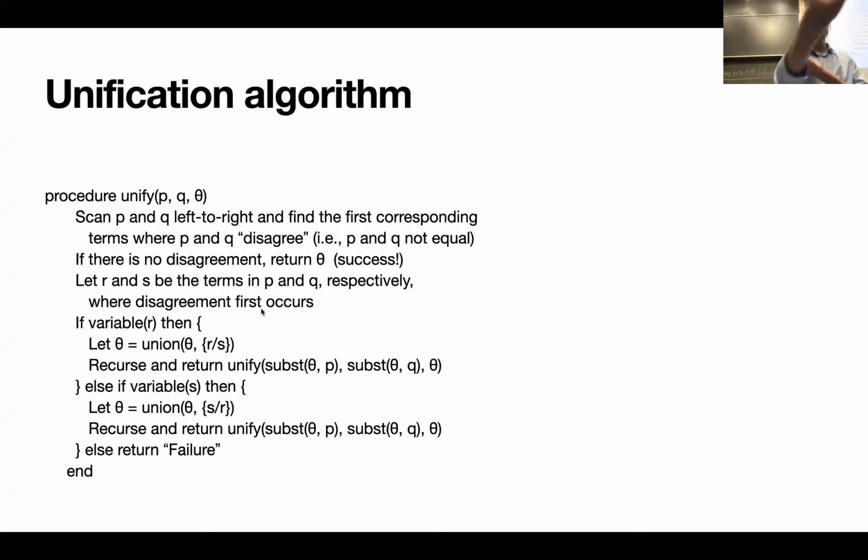If a disagreement occurs at terms R and S, and R is a variable, for example, then we basically do a union.